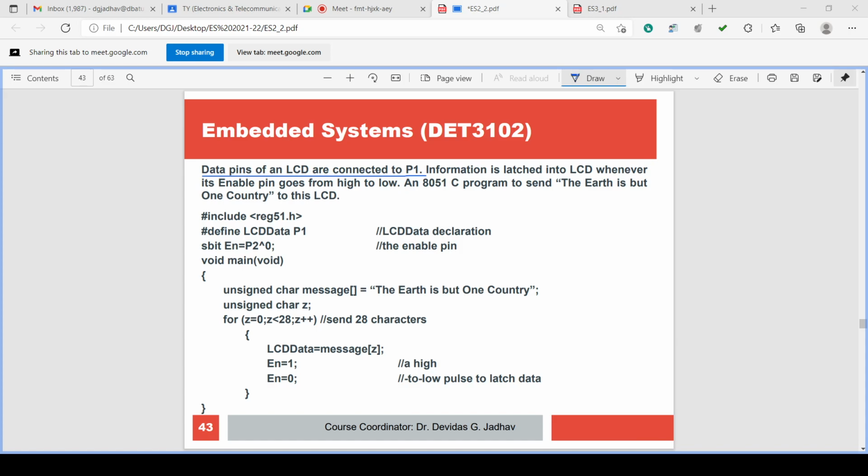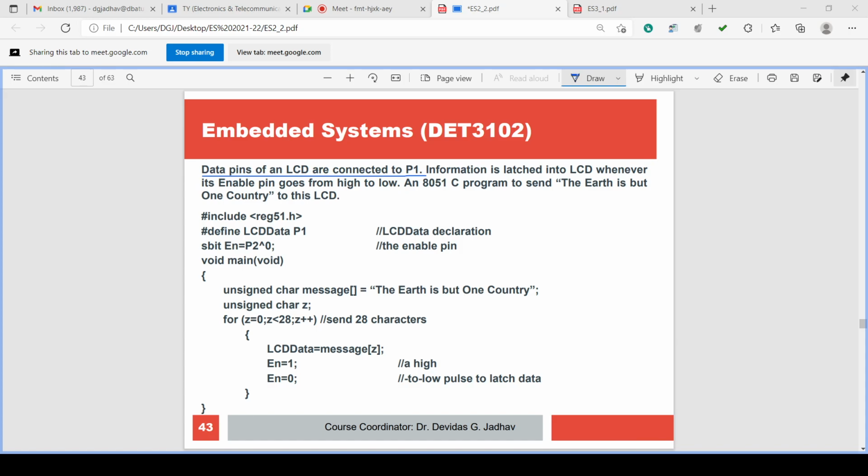Suppose one word is EXTC, then there will be a space, then IOPE, isn't it? There must be a space. Space also is very important. That separates the two different words.